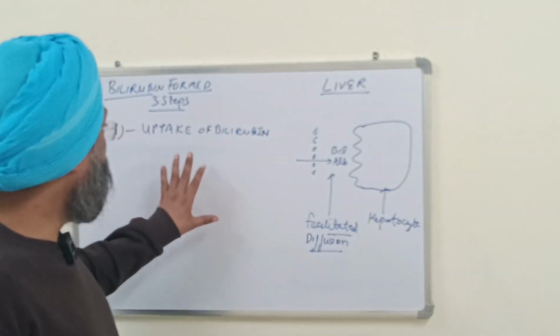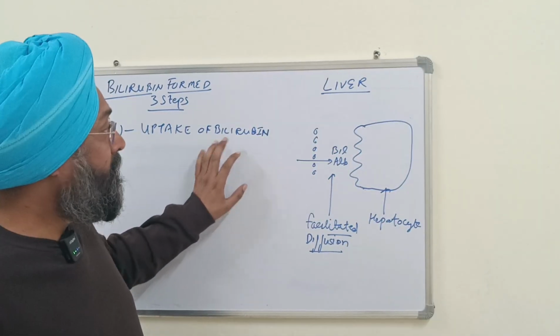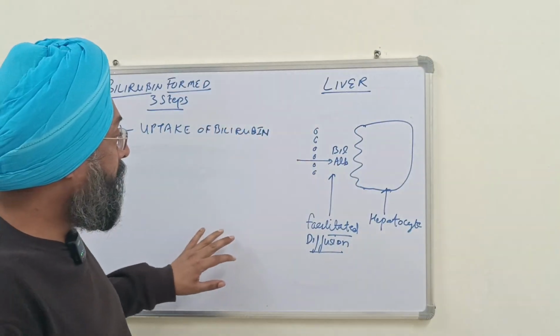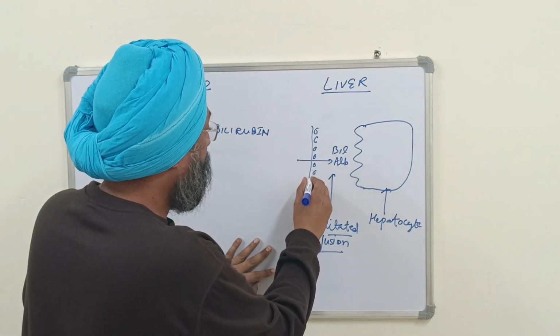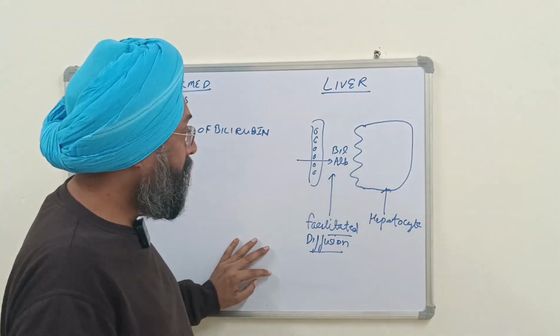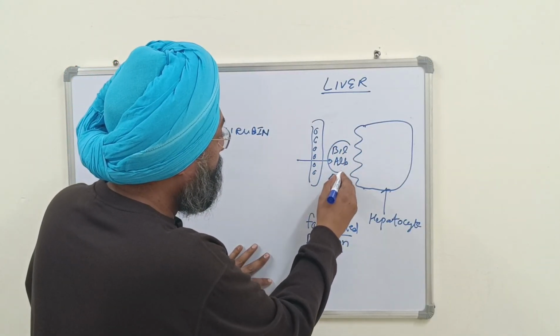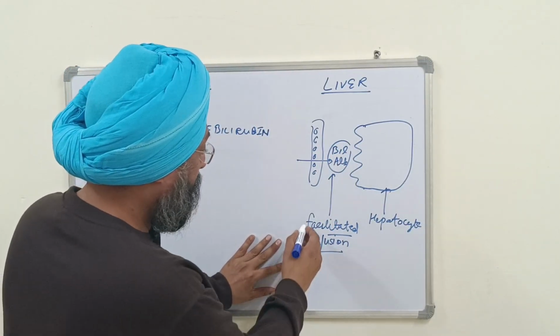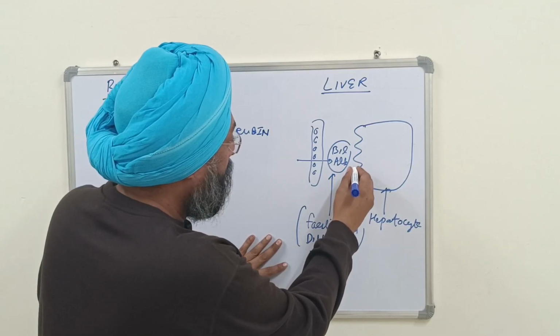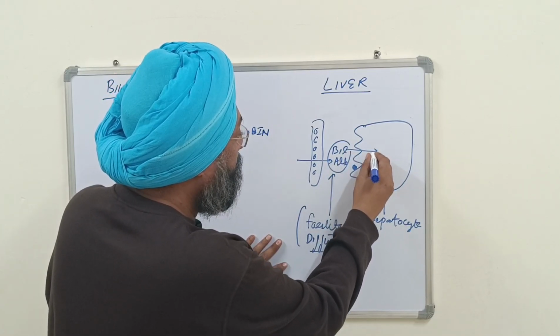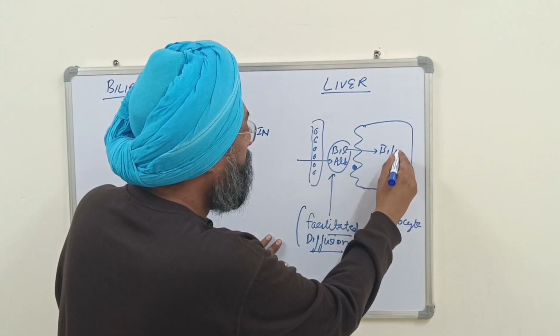Now coming to the first step, the uptake of bilirubin by hepatocytes. This is the liver, and this is the sinusoidal surface of the hepatocytes. The bilirubin complex will move inside via facilitated diffusion; the albumin will stay outside and bilirubin will permeate inside.